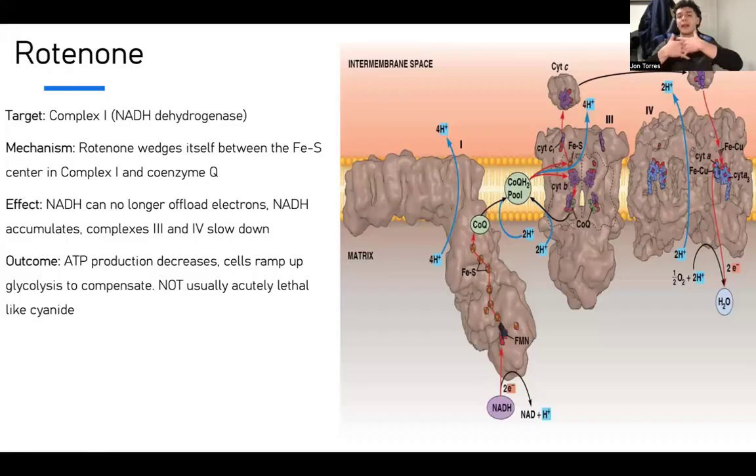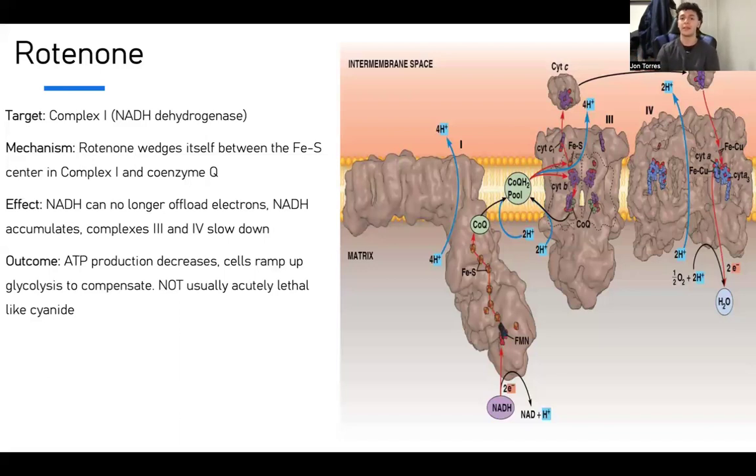That means that rotenone poisoning is not necessarily acutely lethal in the same way as cyanide. Cyanide, we're stopping everything on complex 4. Nothing can continue. But in this one, we're only stopping complex 1. So we still have a little bit of input coming in from FADH. It's not quite as effective.